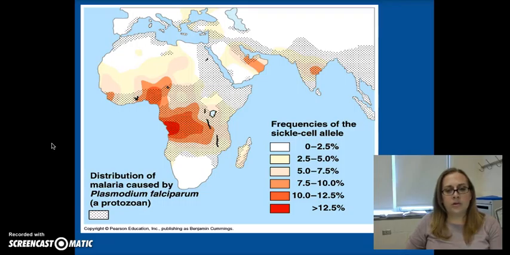And why this is important is because the allele for sickle cell tends to be really common in many parts of Africa, which is also where you tend to see malaria. And so if you have that heterozygote, so you've got one normal allele, so you don't have sickle cell, but you have one sickle cell allele, you have resistance to malaria.